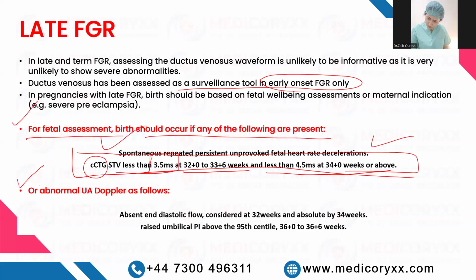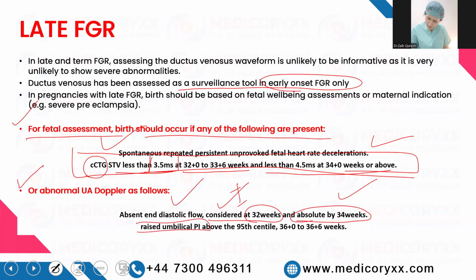Or if a patient is having abnormal umbilical artery Doppler as follows: if absent end diastolic flow, we will consider delivery at 32 weeks, or absolutely by 34 weeks. See, consider means we will do plus minus, but definitely we will deliver by 34 weeks. Or if there is any raised umbilical artery pulsatility index, we have just mentioned before that resistance should decrease towards term.